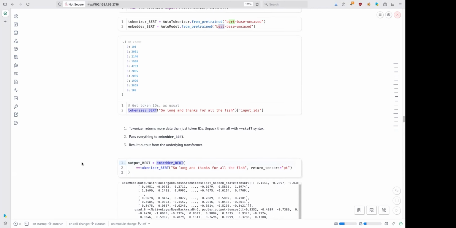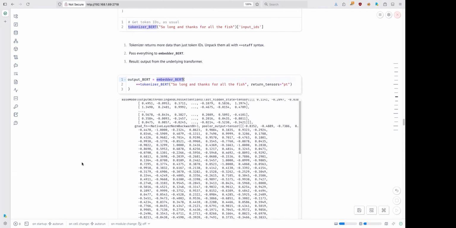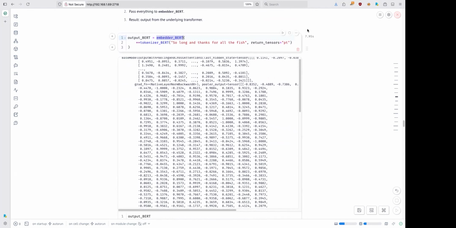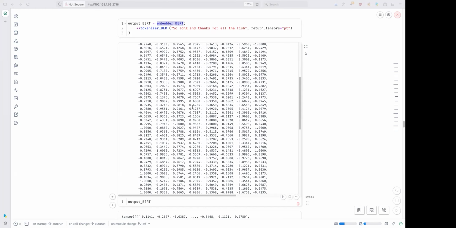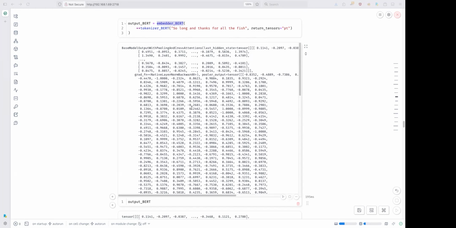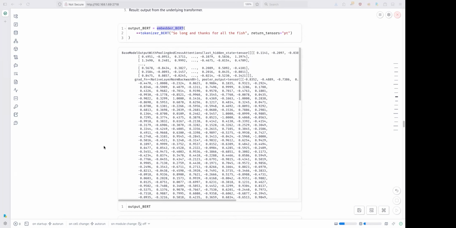It will return embeddings that look like this. So under the hood, somewhere in the code, there is a massive neural network chugging along, processing our input, burning our CPUs and GPUs. And as a result, we get this massive pile of numbers. Here, a massive amount of random-looking numbers.